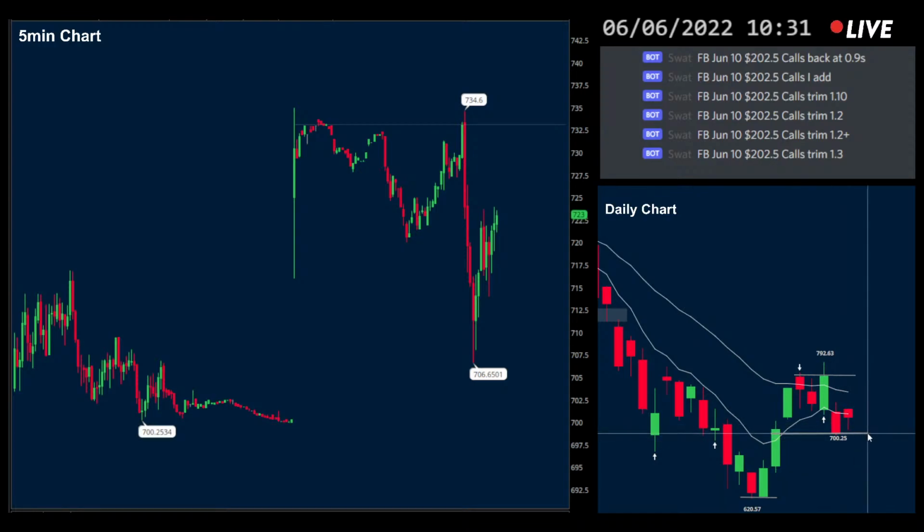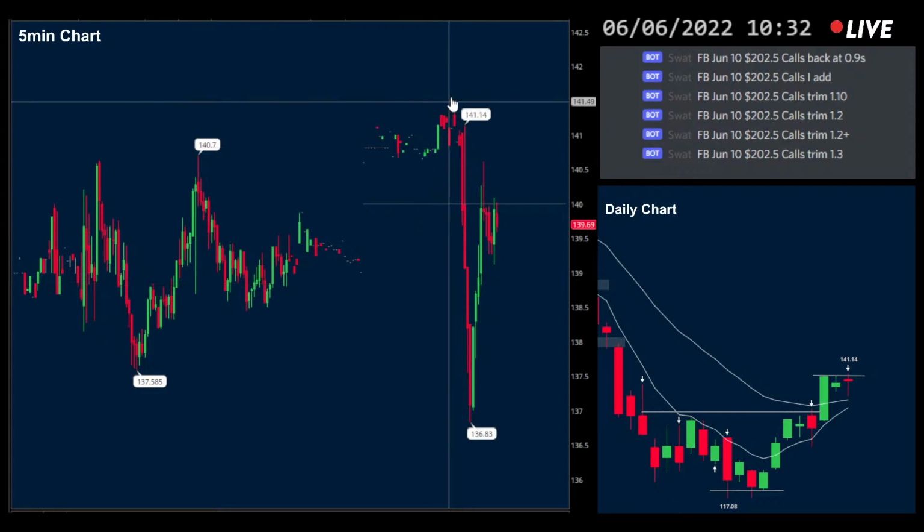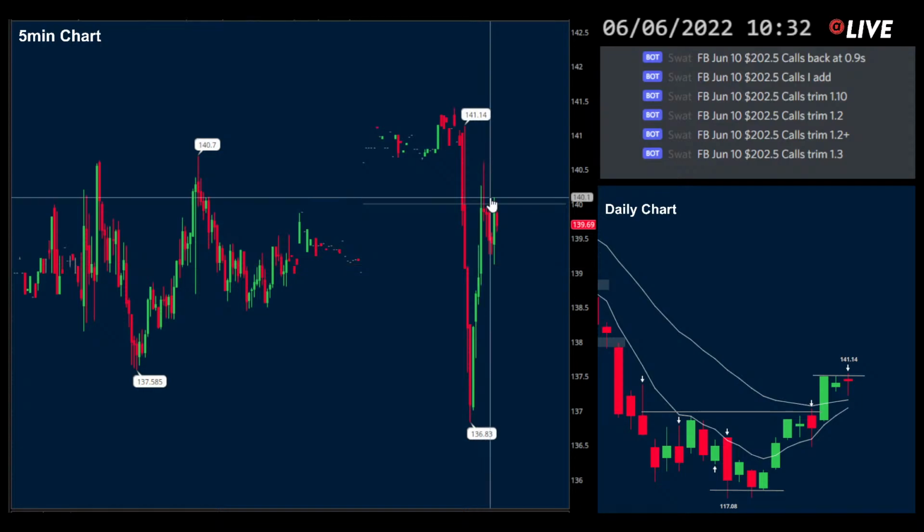SPY bounce, Tesla bounce. Once again, I'm trying to be patient here, but action is very slow. Boeing this morning, out of nowhere, a big fade from 141, just to make a V bottom. So yeah, market tricky.